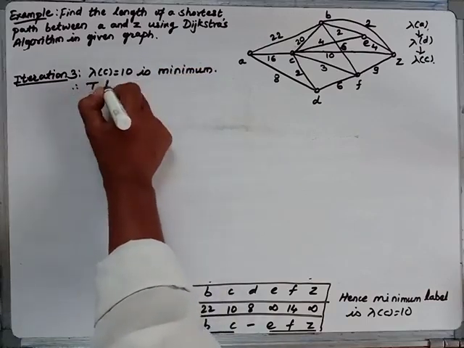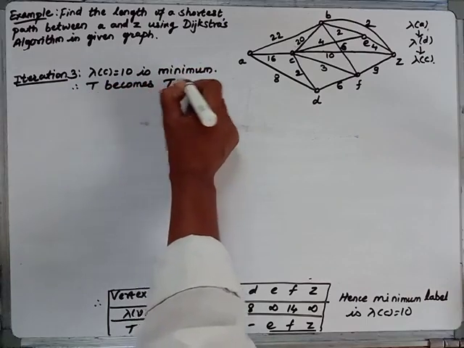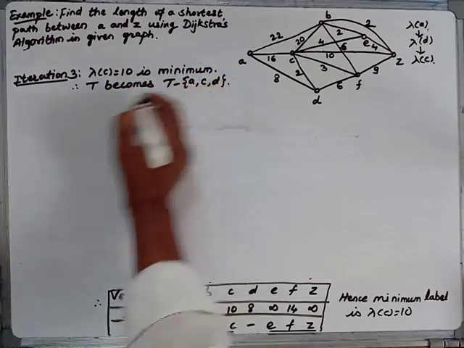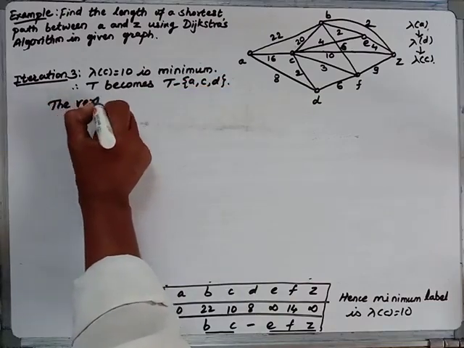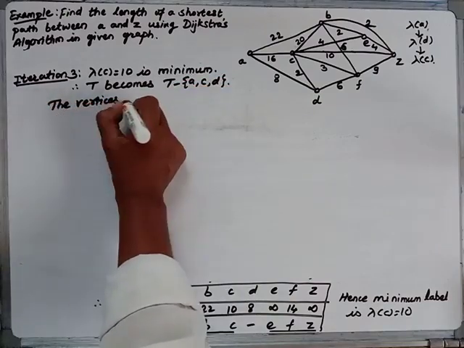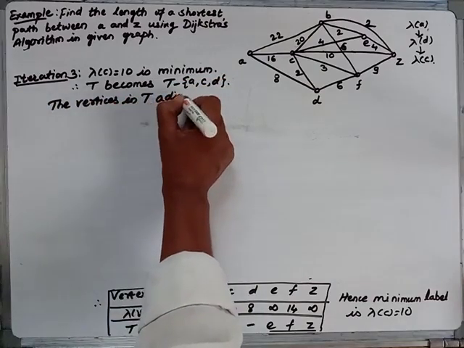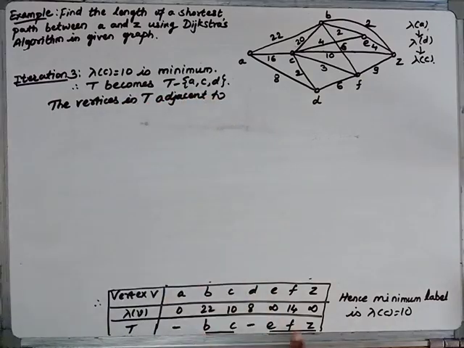Therefore, T becomes T minus A, C, D. The vertices in T adjacent to C, among B, E, F, Z.